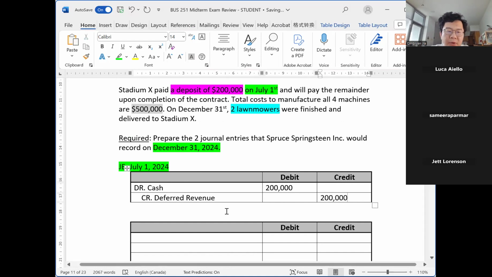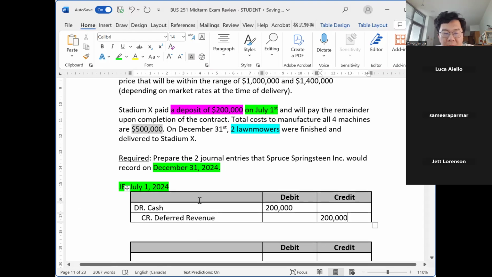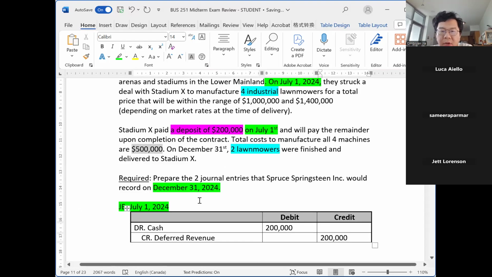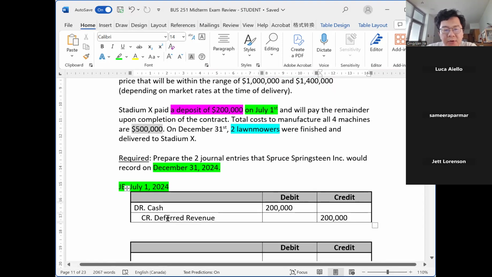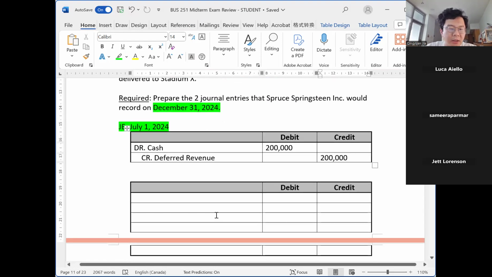Right. So why do we put this into deferred revenue? Because we simply get the deposit, we have the money, but we haven't fulfilled our obligation. We haven't done anything for the other side yet. So we have to put this as a part of the liability. So deferred revenue is a part of the liability. It means that in the future we have to do something, right?